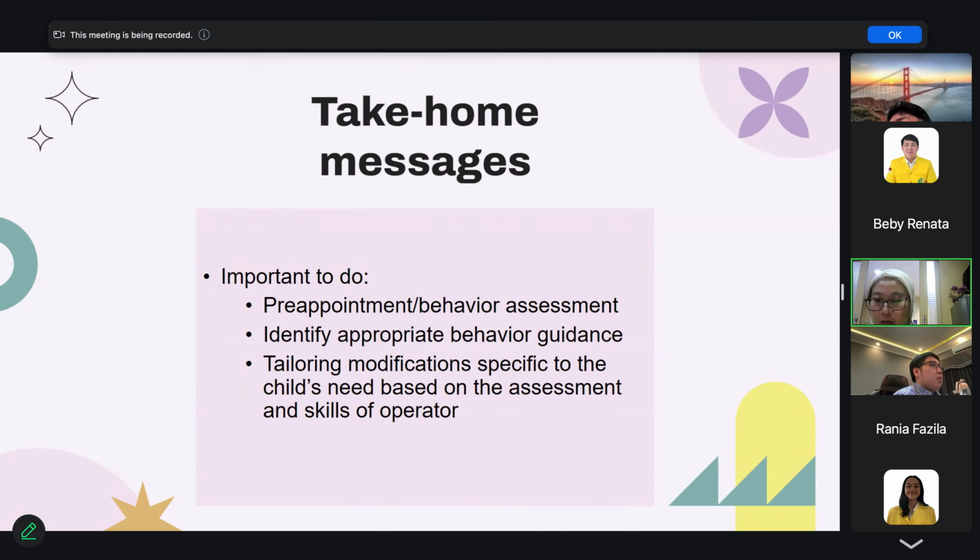Then, when you finally meet the patient, you must identify the appropriate behavior guidance. And the last is to adjust the techniques based on the child's needs and the skills of the operator. If the operator has limited skill, then the patient must be referred to a specialist in order to give the best treatment to the patient.